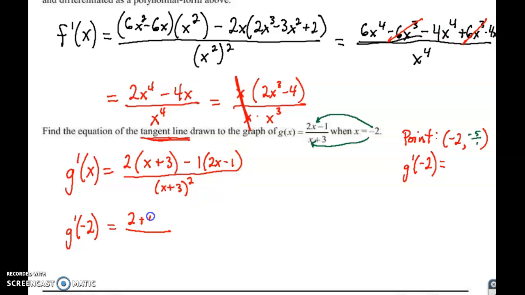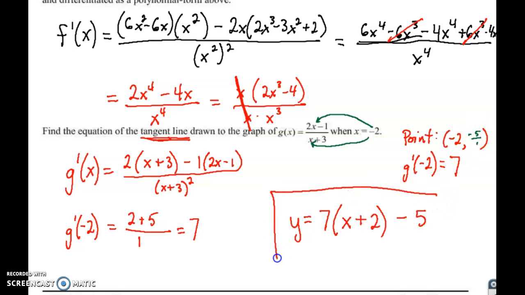Don't forget it's minus -5. And then plug in -2 down here, plus 3 is 1, squared is just 1. So the slope at that point would be 7. So as we write our equation, y equals the slope, x minus your x-coordinate, and then minus, well, I guess plus the y-coordinate, but it's -5. There you go.